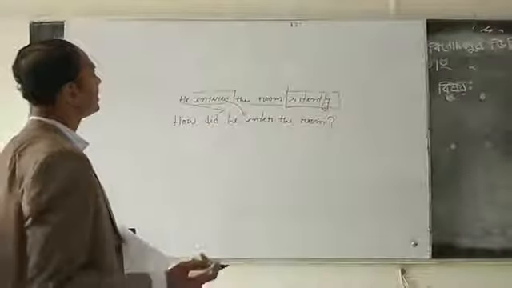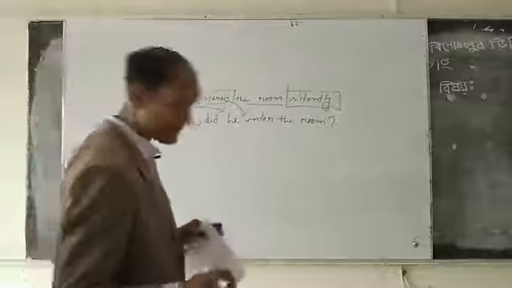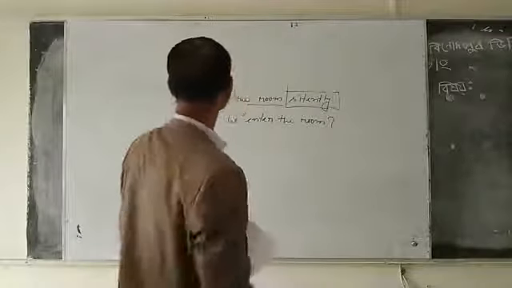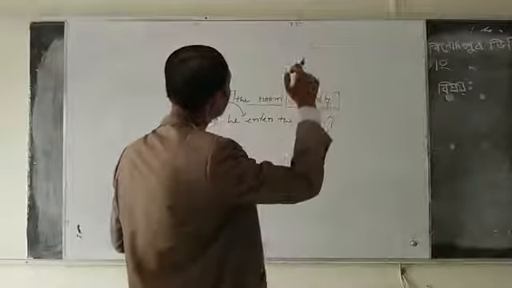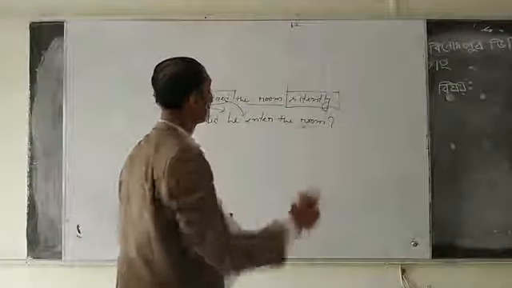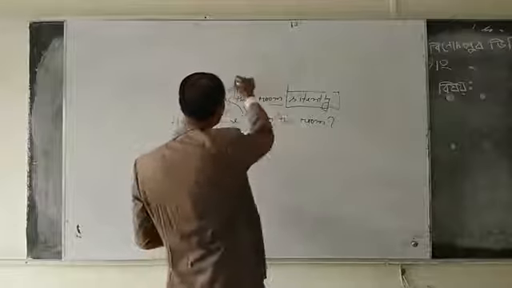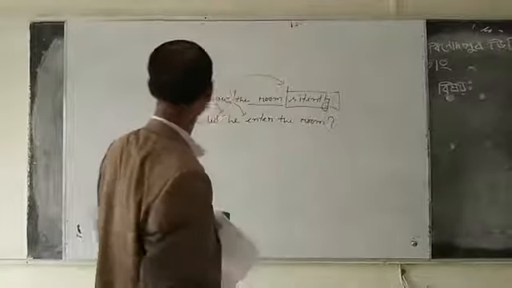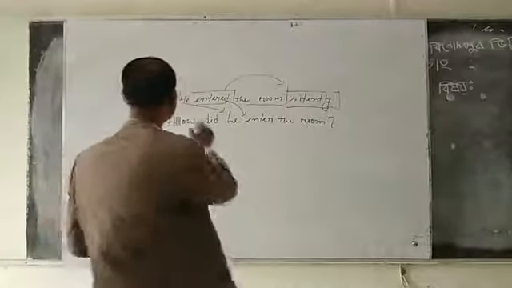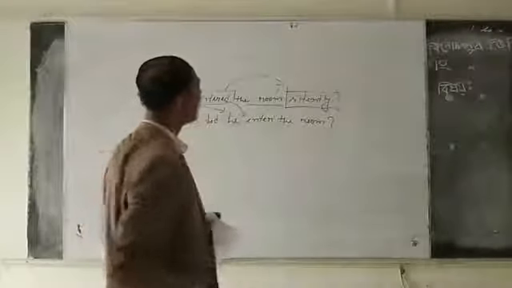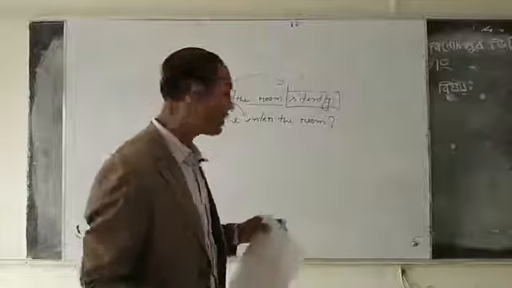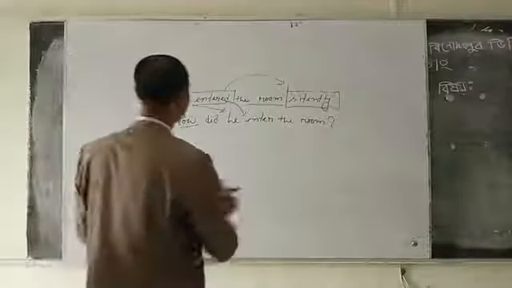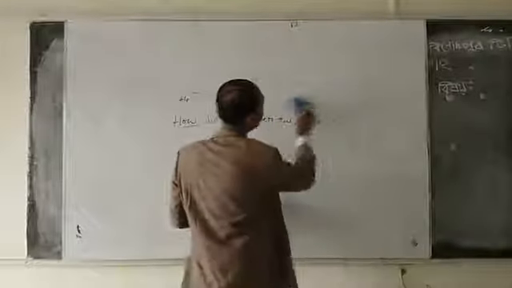I am repeating again. Every assertive sentence gives us information. Okay? If we get the information about the way of behaving or manner, then we will use how in order to make a WH question. Okay? I am giving another example.